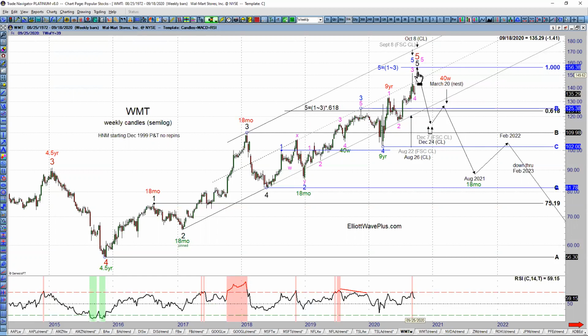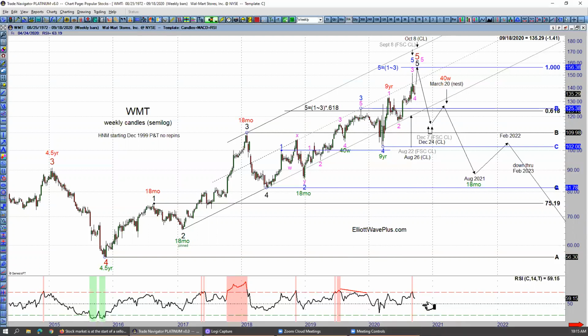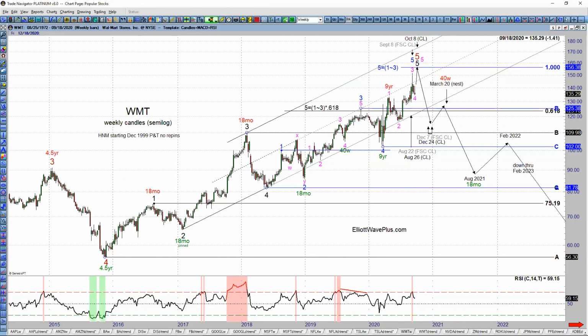I think in the case of Walmart, it's possibly going to move up from 135 to 156 next, and that would be a fifth wave. So this doesn't look like a completed 5-wave structure to the upside. I think it needs to move on up. So it could be that Walmart has one more high to make.